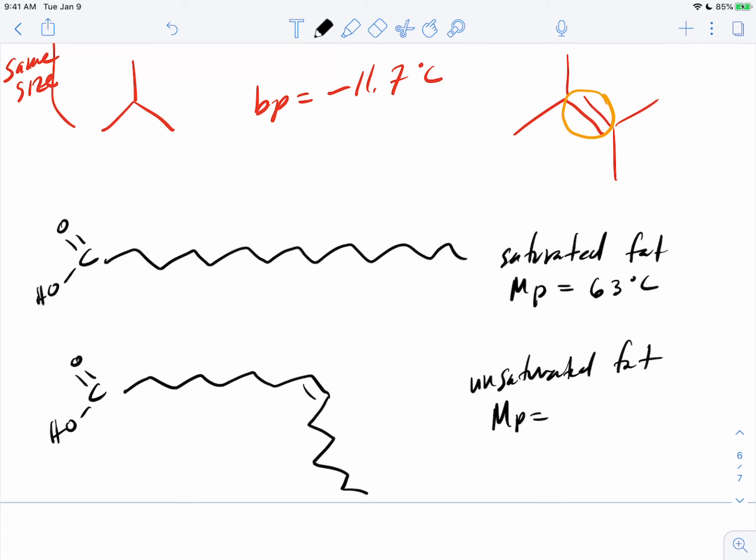Its melting point is 4 degrees Celsius. Okay. And so actually unsaturated fats a lot of times are oils. Fats and oils are only different by what their physical state is at room temperature. Fats are solid at room temperature. Oils are liquids at room temperature. So we would technically say that this unsaturated fat would actually be an oil.